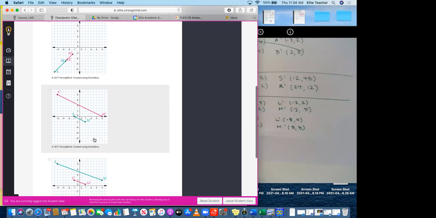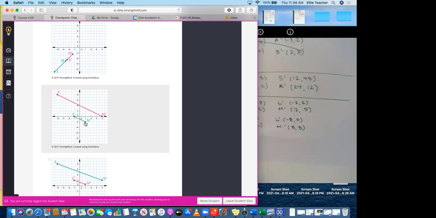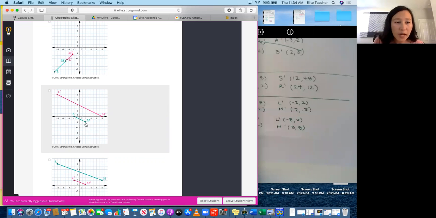Instead of it being times 4, it was times 2 for all of the numbers. So it's at 2, negative 2. If we multiplied both of those by 4, 2 times 4 would be 8, and negative 2 times 4 would be negative 8. So it should have been down here at 8, negative 8.